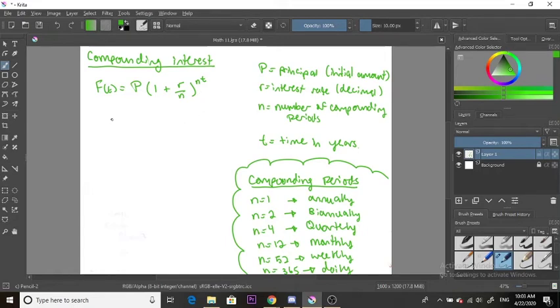So let's do an example. Let's say that we are investing $10,000 for a total of 15 years at an interest rate of, let's say, 1%, which is pretty standard for a good savings account, that is compounded monthly.